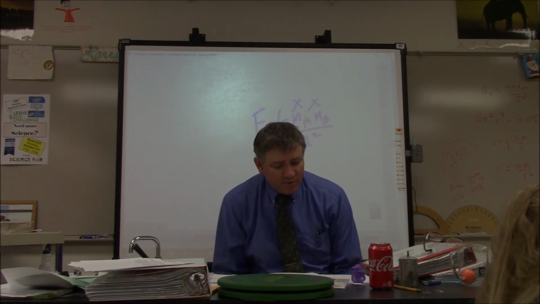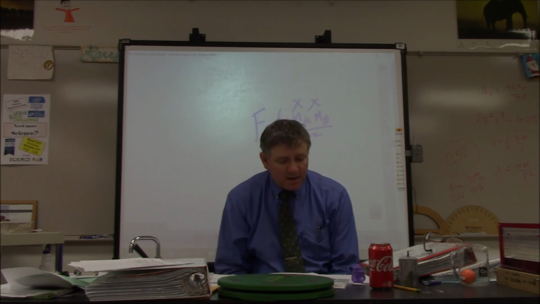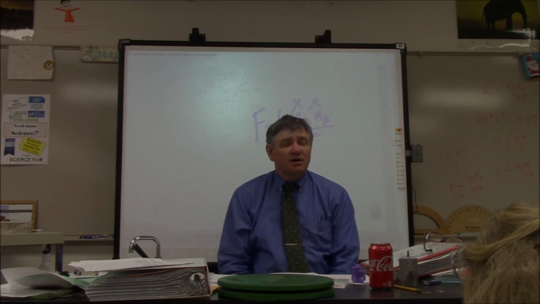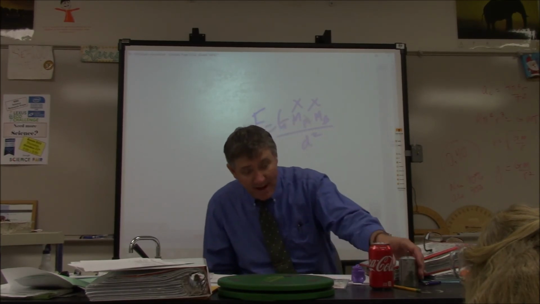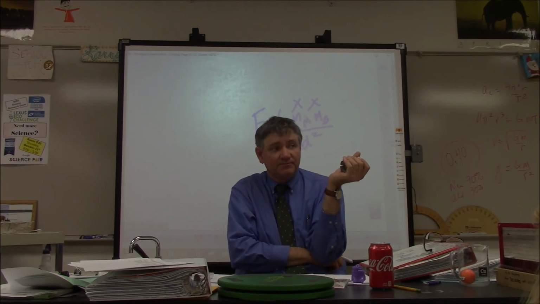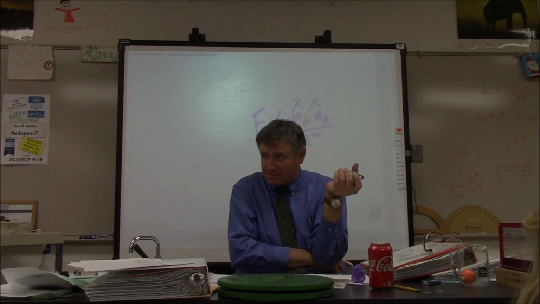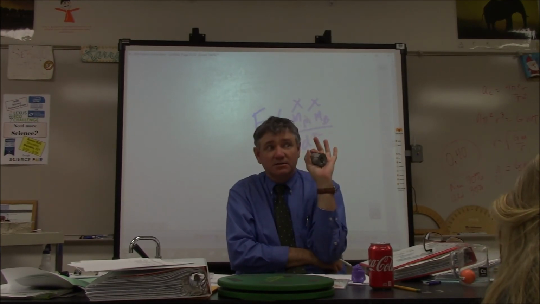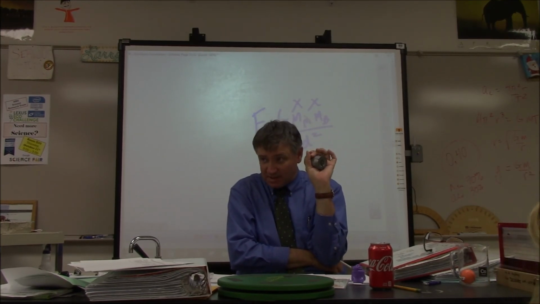Now, when you get to question number 3, at what center to center distance from the Earth would a 1 kilogram mass weigh 3 newtons? So, a 1 kilogram mass right here in this room weighs how much? 9.8 newtons. That's its gravitational acceleration. Gravitational acceleration right here is 9.8 meters per second squared.